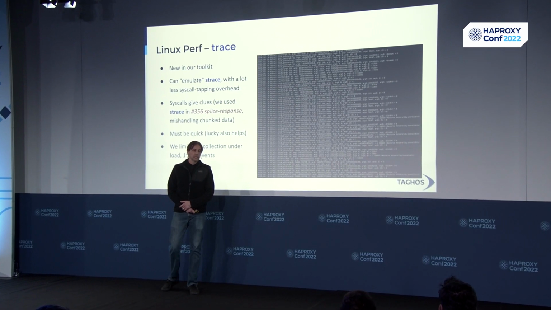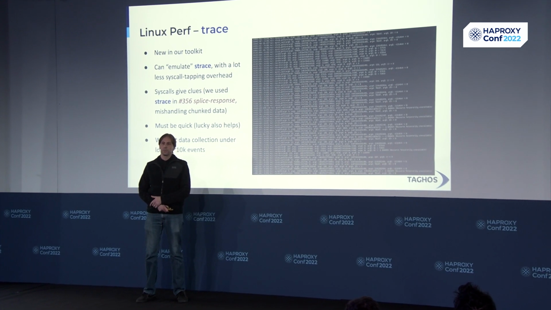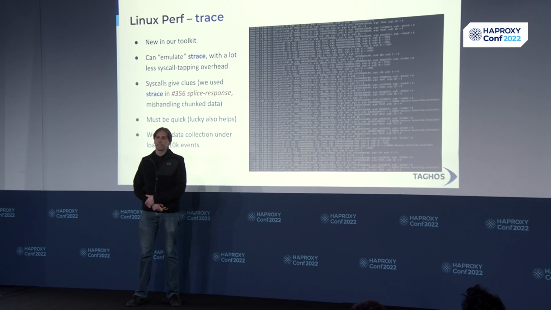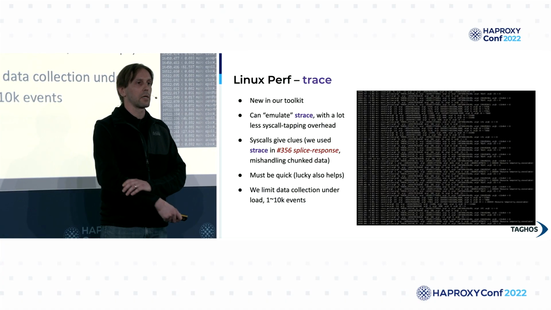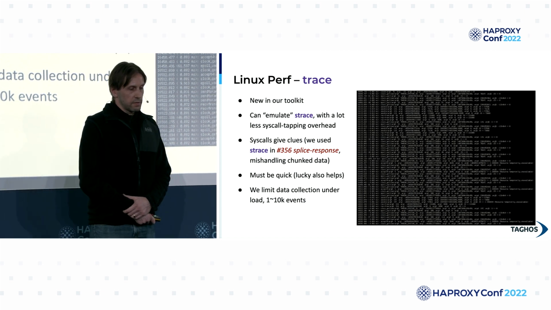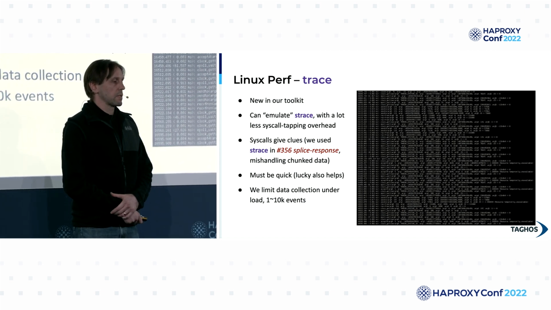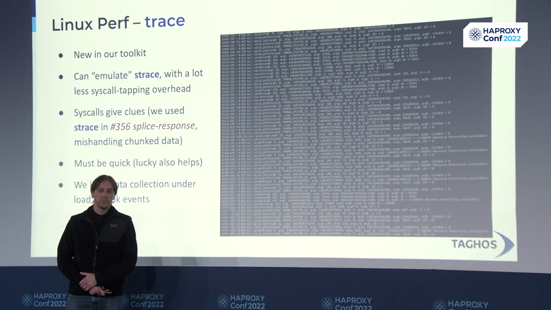We have a node ticket 356 where we diagnosed splice response was mishandling chunk data, and it was pretty easy to see that happening with strace. But tools like strace and perf trace quickly generate a large volume of data.